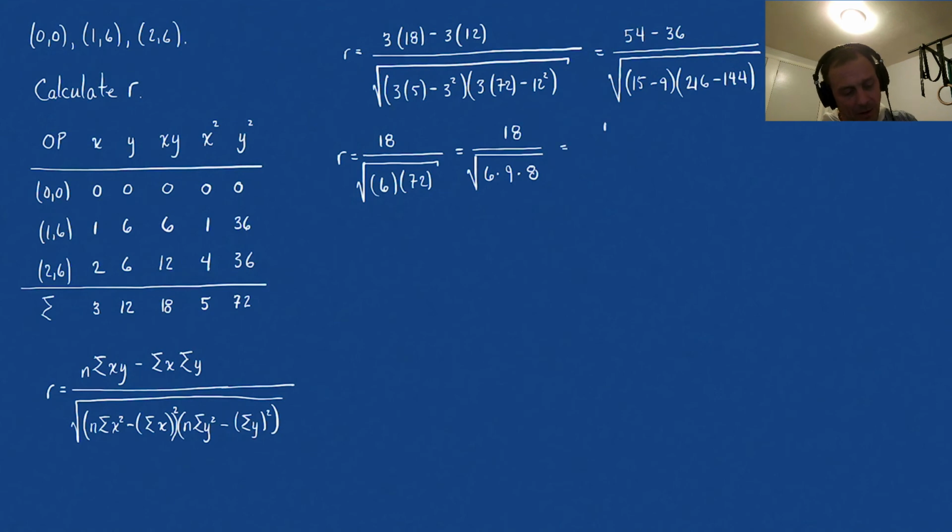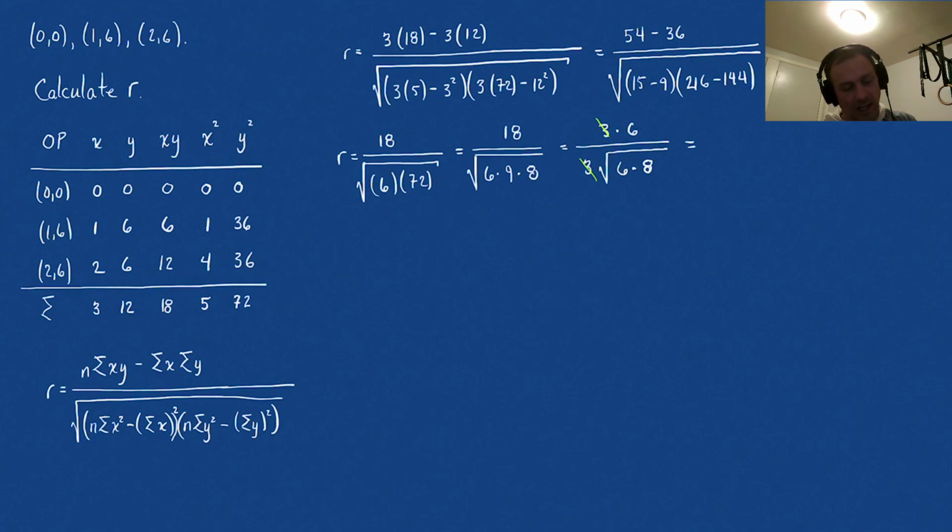So this is the same as saying 18, and I'm going to write 18 as 3 times 6. I'm going to take the square root of 9 out, and inside of it I would still have left the 6 times 8. Well, those 3's would cancel. So I'm left with 6 in the numerator and the square root of 6 times 8 in the denominator.